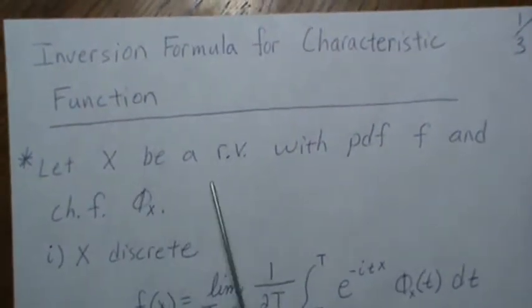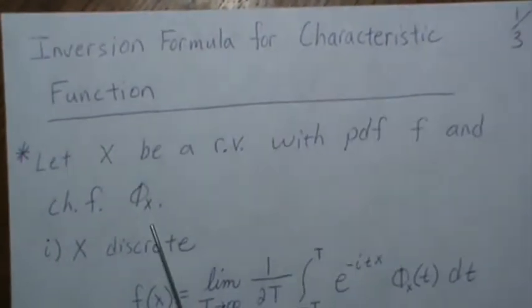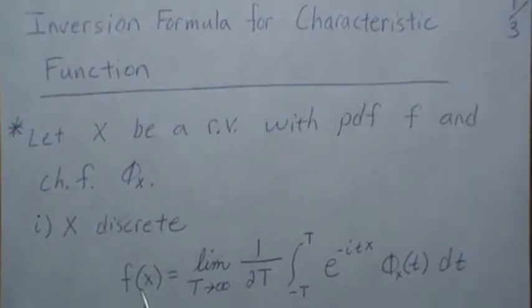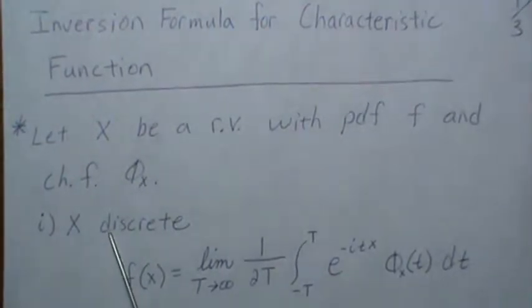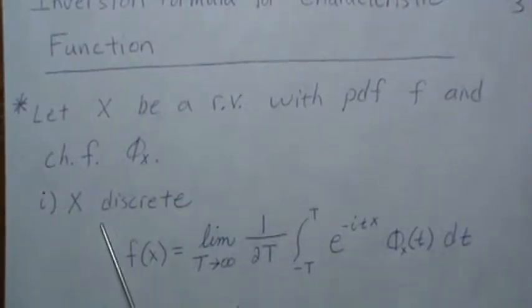So let's let x be a random variable with PDF f, and it has a characteristic function phi of x. So if x is discrete, it's going to be one of these next two formulas. So if we only know that it's discrete, then this is the formula as t goes to infinity.